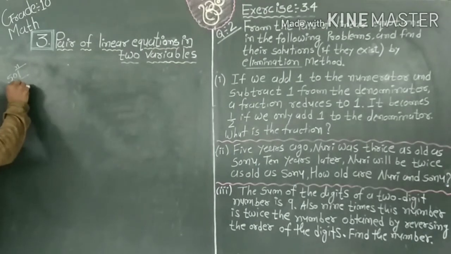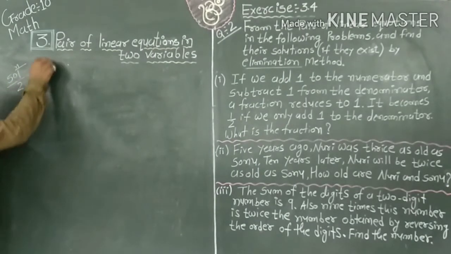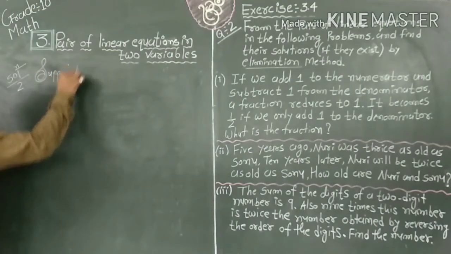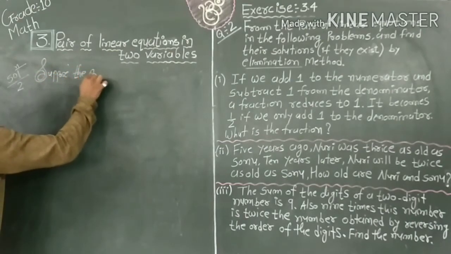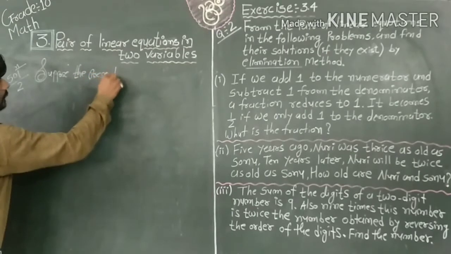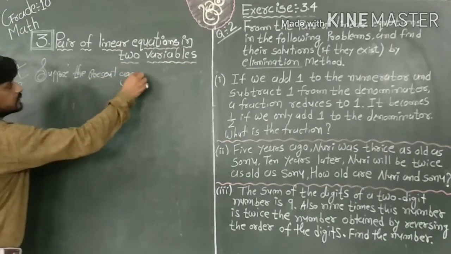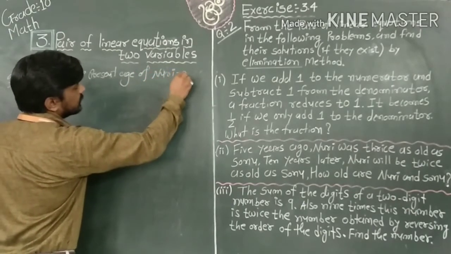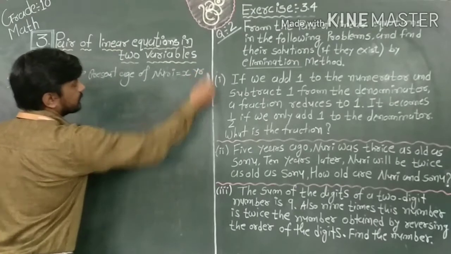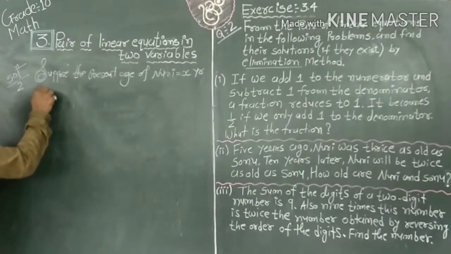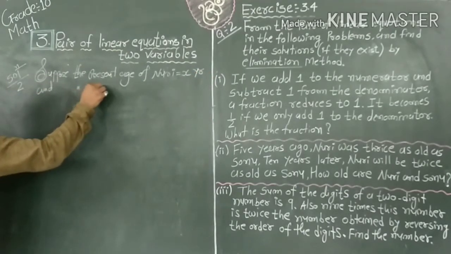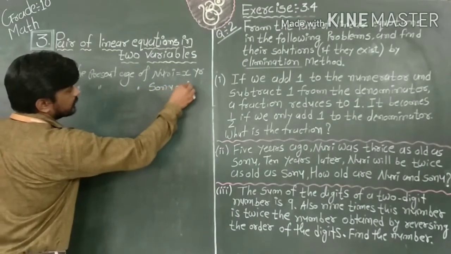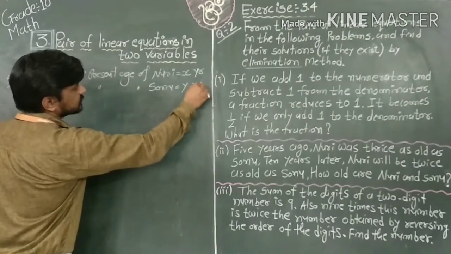Therefore, I write here solution second. Suppose the present age of Nuri is equal to x years and the present age of Sonu is y years.